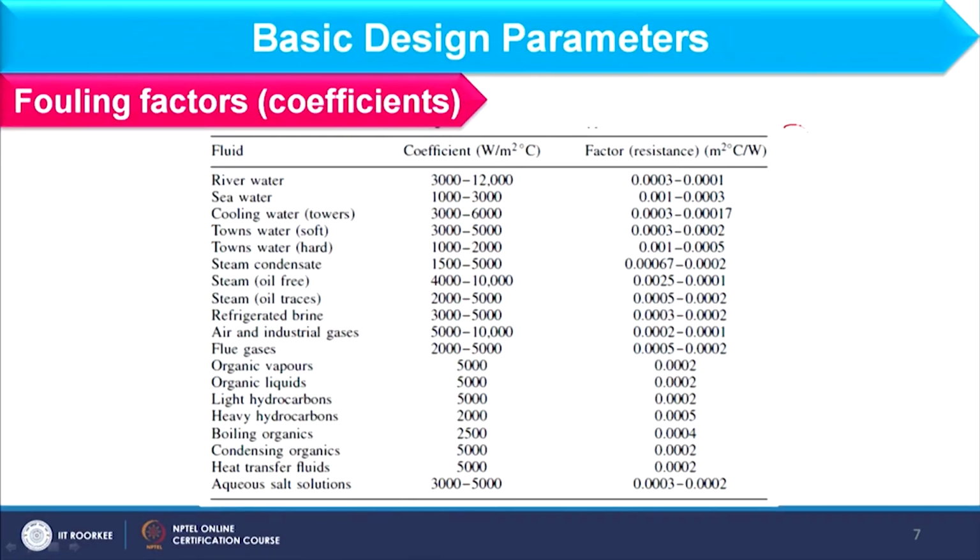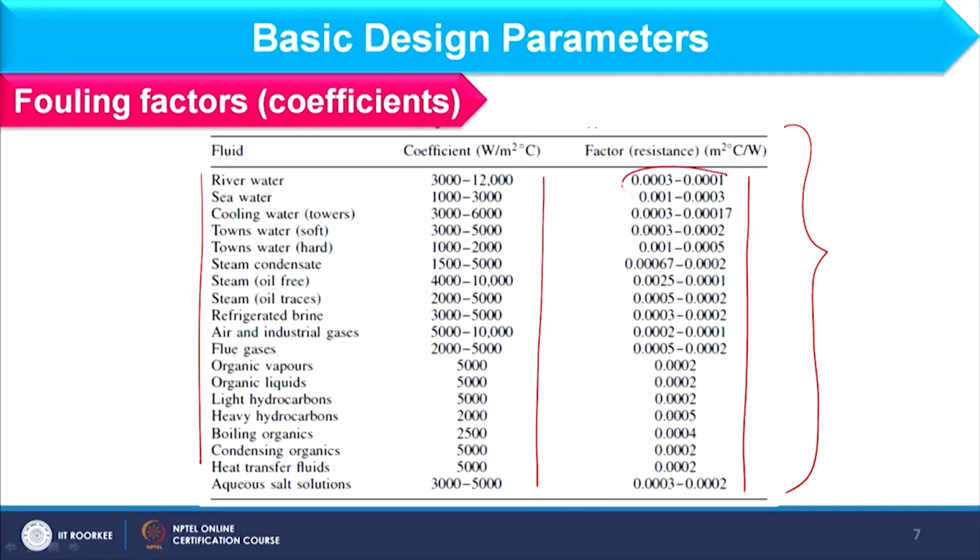Now, here I am having a table. This is again available in Richardson and Coulson volume 6. Depending upon the type of fluid, we can have the dirt coefficient as well as the dirt factor. You see, dirt factors are inversely proportional to the coefficient.